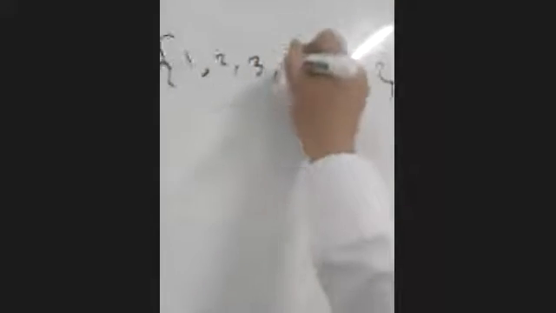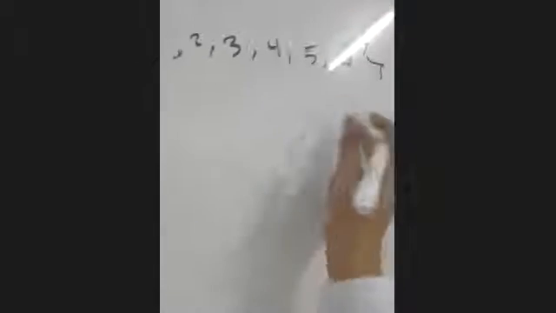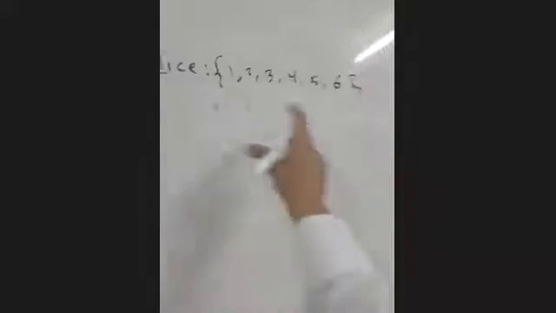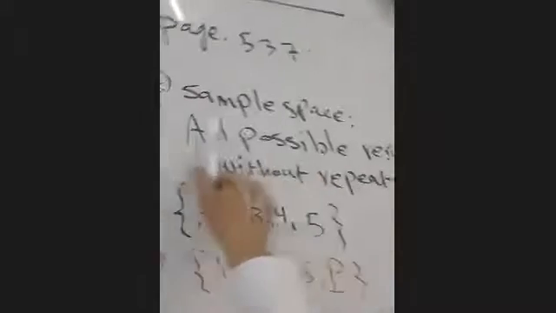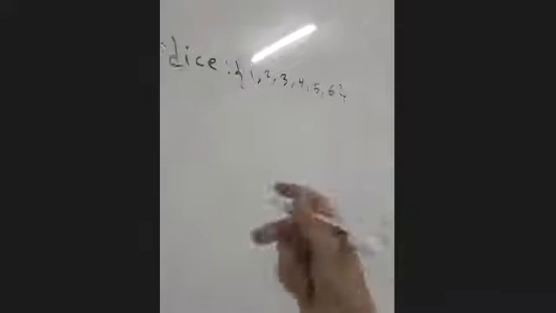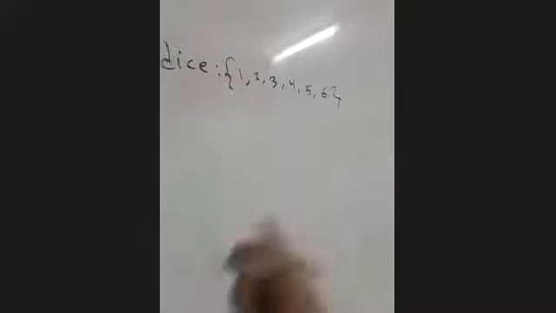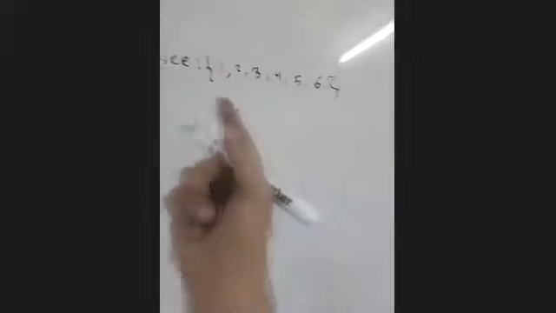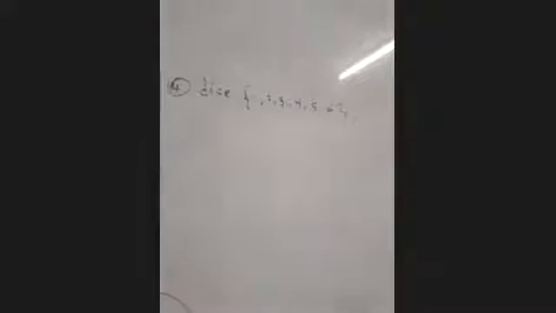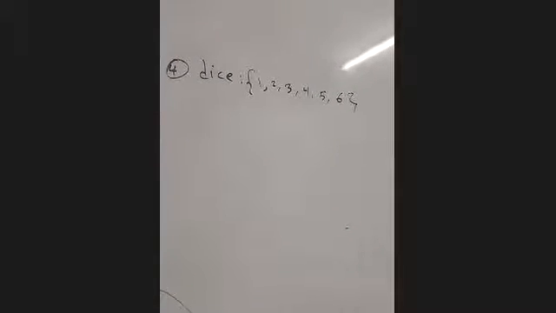The question said labeled 1 to 6. So we have 1, 2, 3, 4, 5, and 6. What do we call this? This is the sample space of the experiment. If you roll this dice or number cube once, we will have one of these numbers only. Right? Yes.